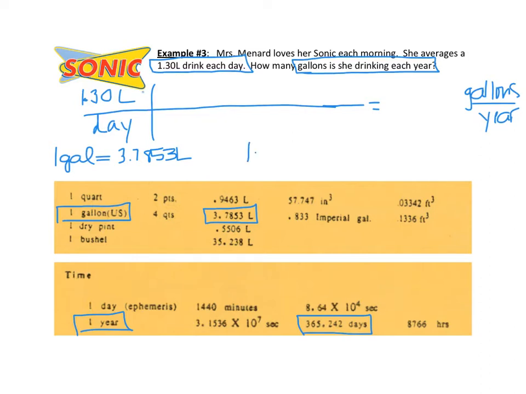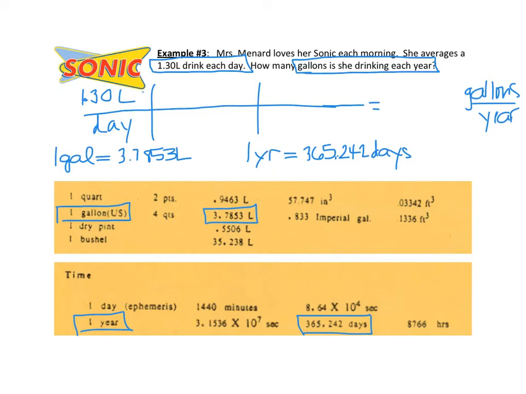So my other conversion factor is the fact that 1 year equals 365.242 days.